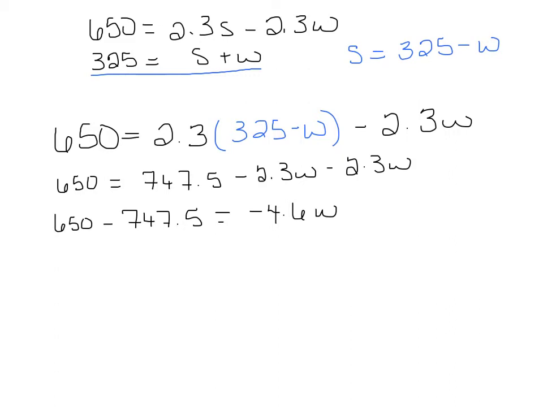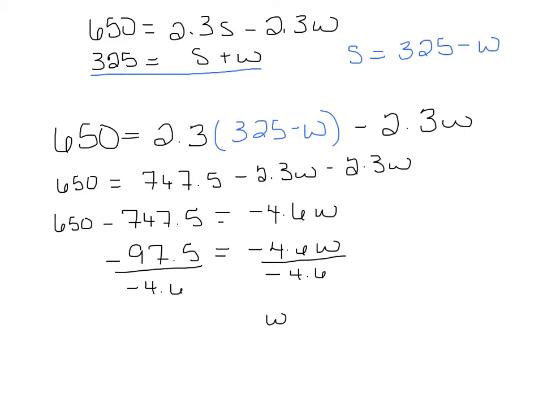So if I simplify on the left-hand side of the equation, I'm going to get negative 97.5 is equal to negative 4.6W. If I divide both sides by negative 4.6, I'm going to get that W is equal to 21.19 miles per hour.